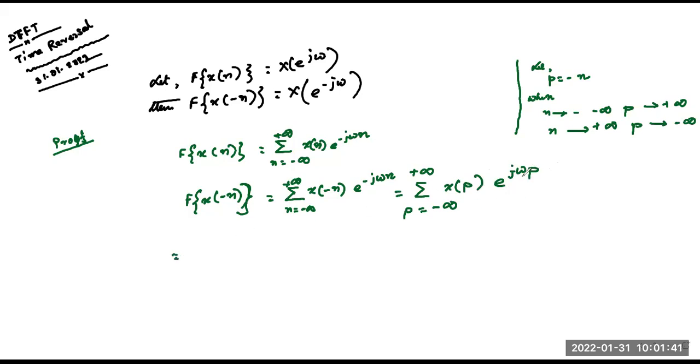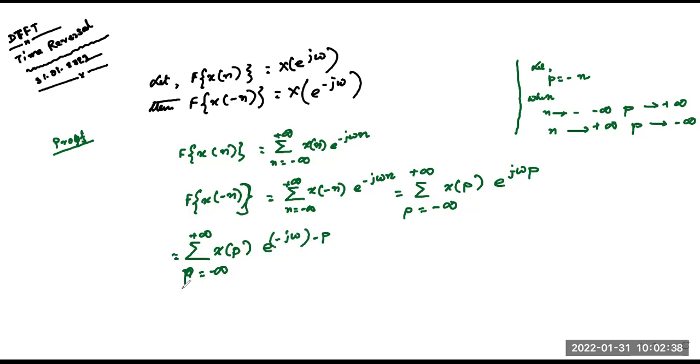So what is the problem? We have to take a minus here. So I write the summation of p equals minus infinity to plus infinity, x[p] into e to the power minus jω into minus p. So that will be to the power minus p.